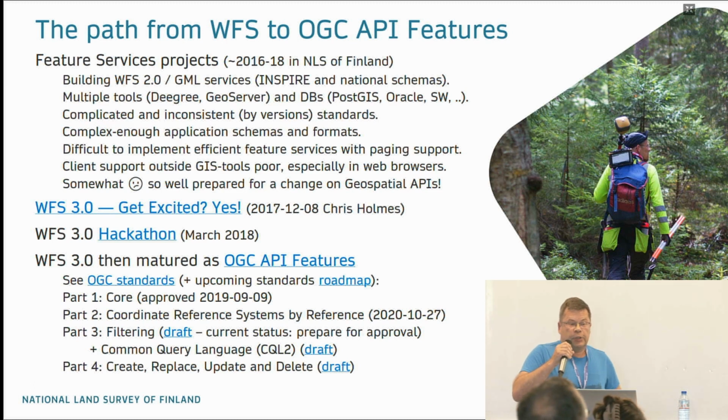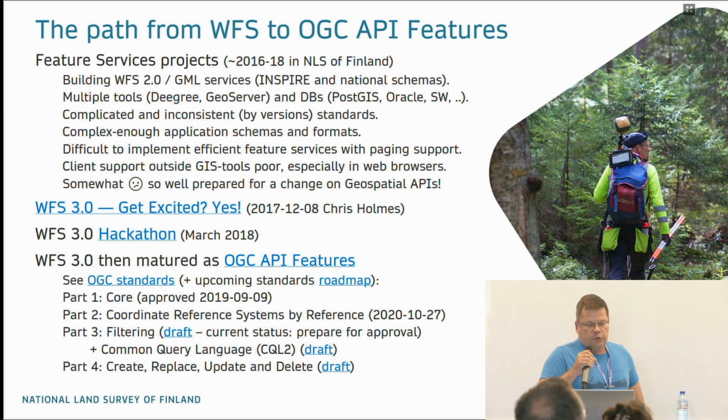Then there are different tools to handle, and it was difficult to implement very fast and efficient services. And even if these traditional OGC standards are well known in GIS space, they are not so easy outside GIS space.